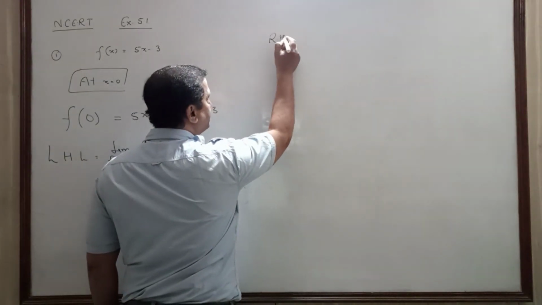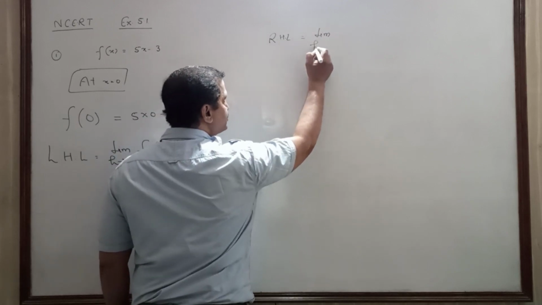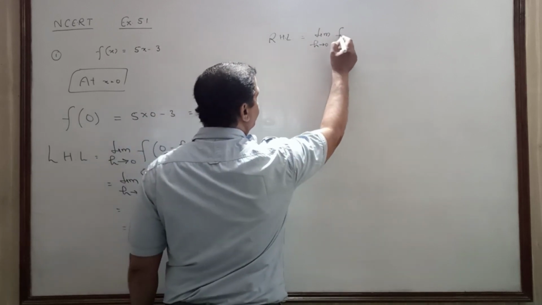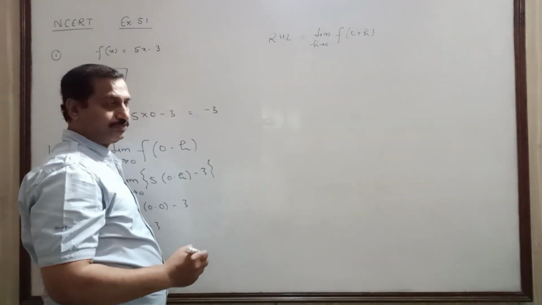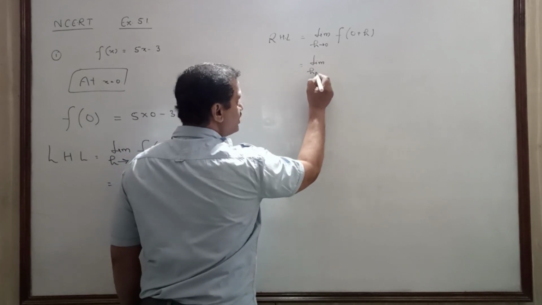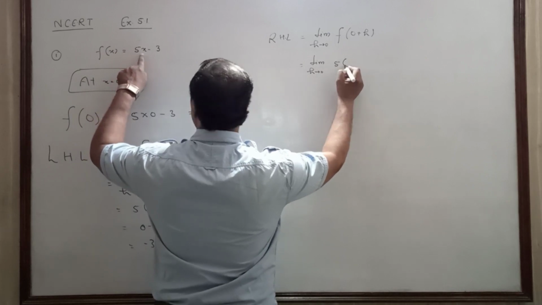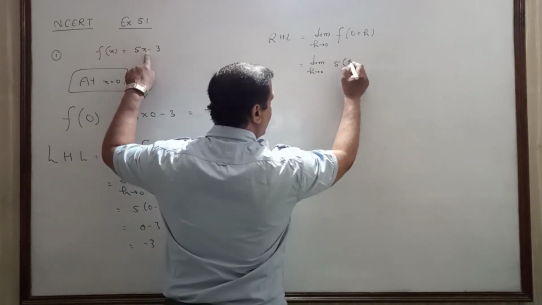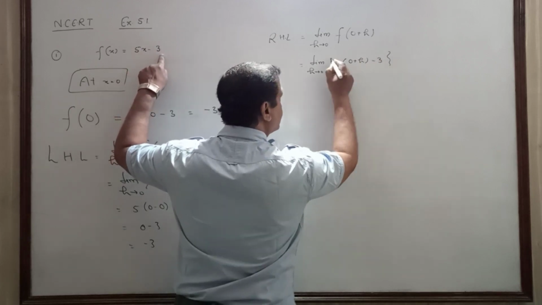And right hand limit, limit h tending to 0 f(0 plus h), that means limit h tending to 0 f(x) = 5x, that means 5(0 plus h) minus 3.